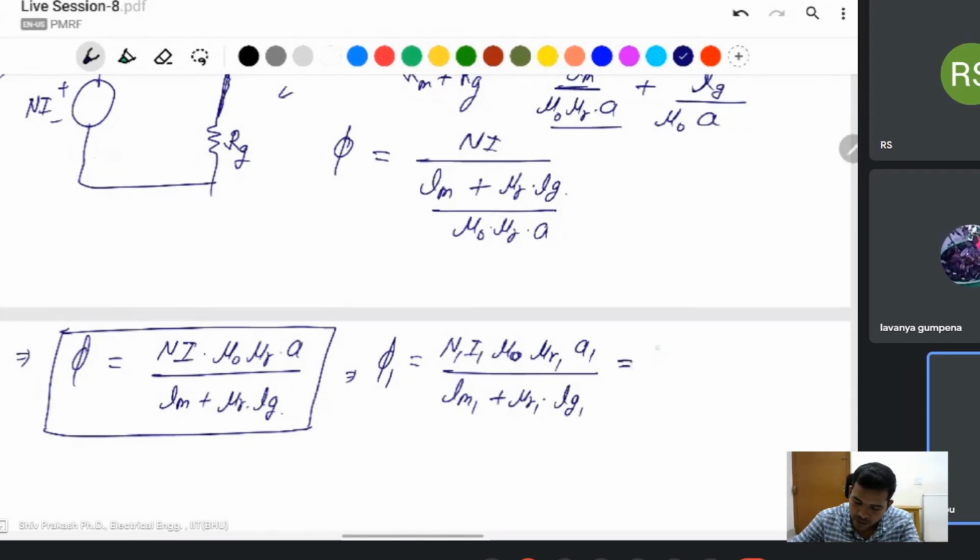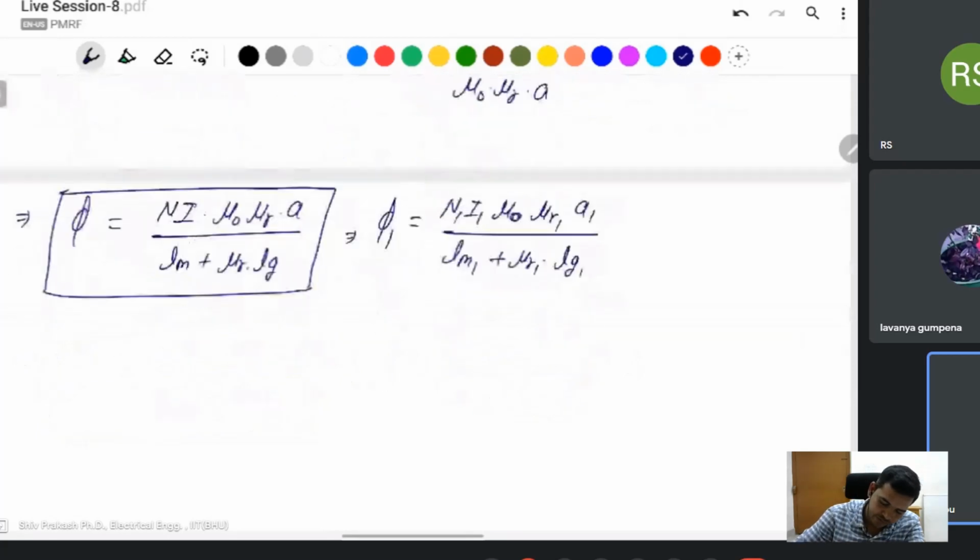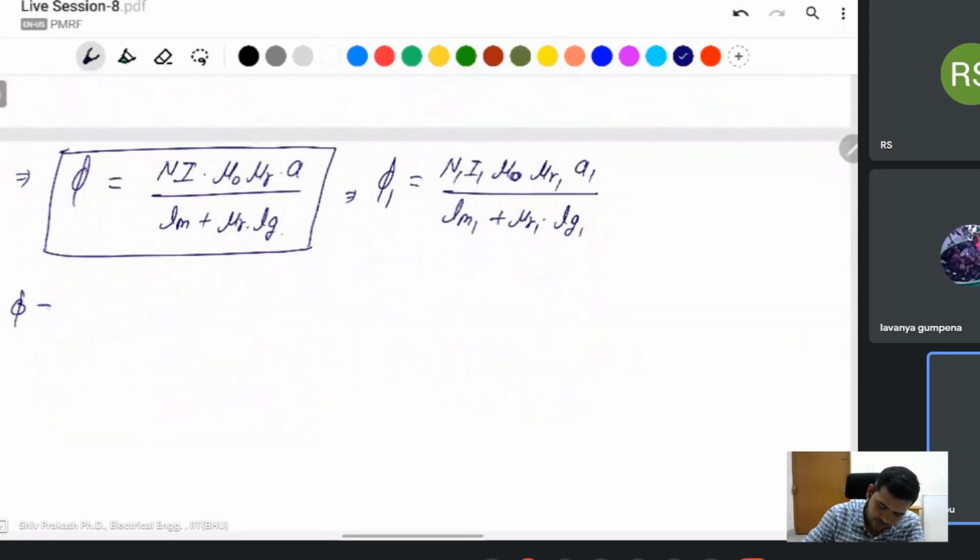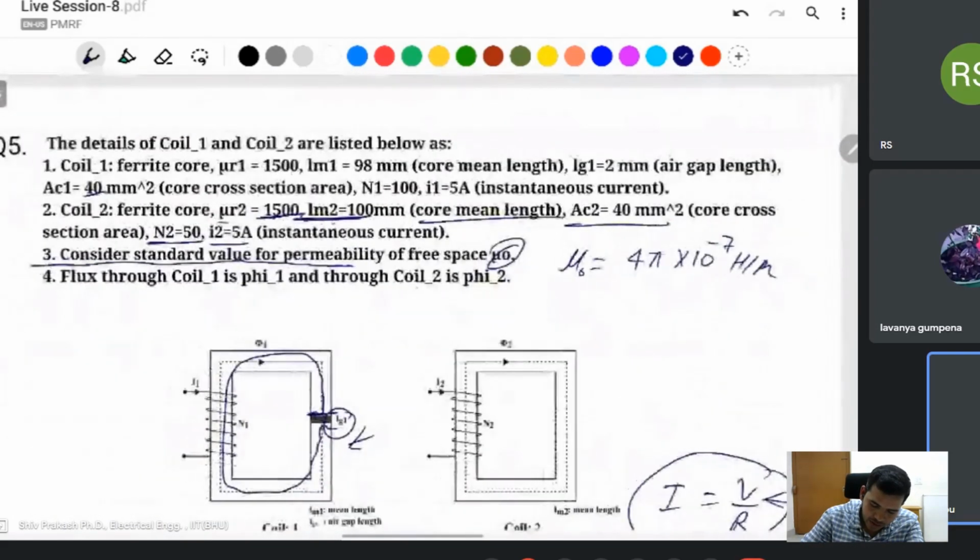N1 is given as 100, I1 is 5, mu naught is 4 pi into 10 to the power minus 7, mu r1 is 1500. Let me check once.